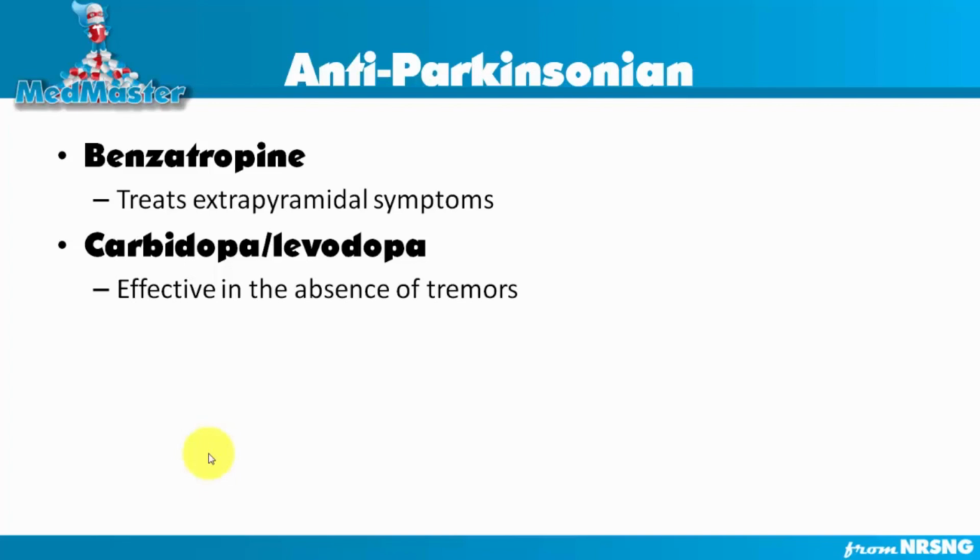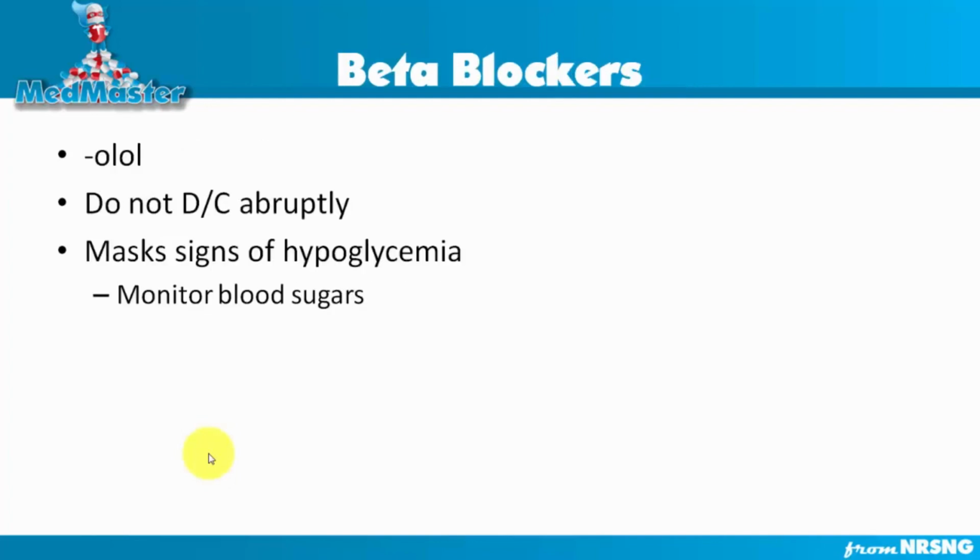Those extrapyramidal symptoms will be like the lip smacking, the pill rolling, the tongue movements. When you hear that type of symptom in your patient, think Parkinson's automatically. Another one is carbidopa-levodopa. This is a very important medication to know because it can actually cross the blood-brain barrier, and it's really effective in the absence of tremors. So those are two things to keep in mind with these two anti-Parkinsonian medications.